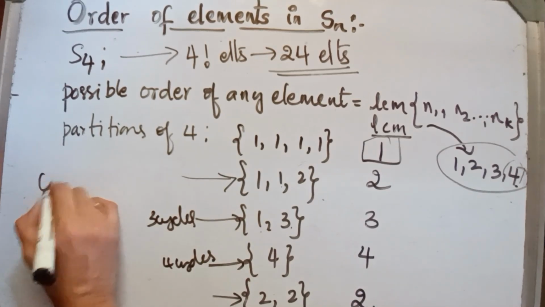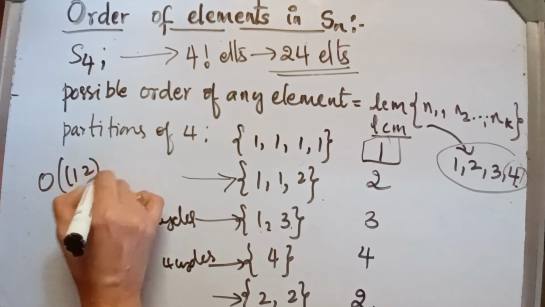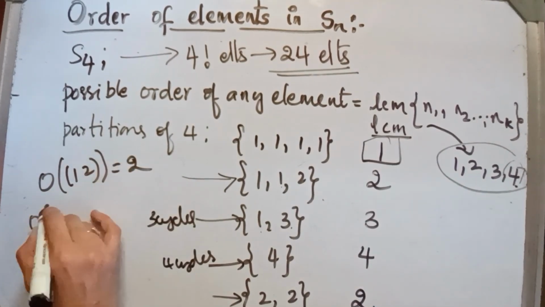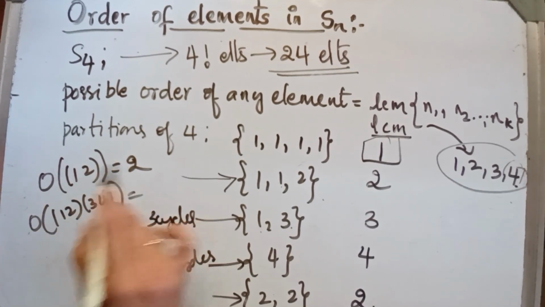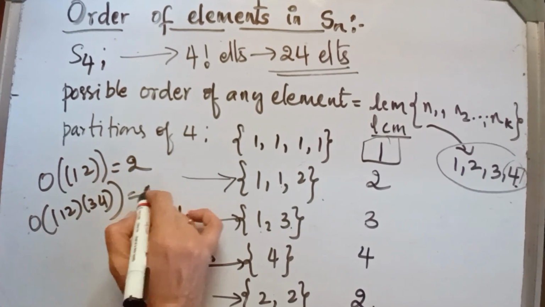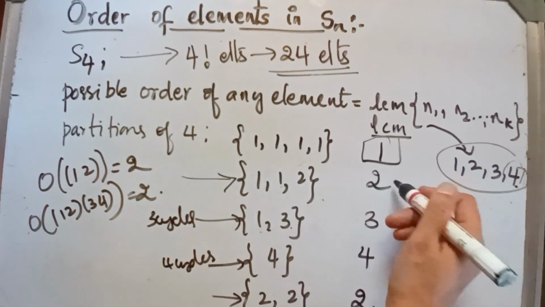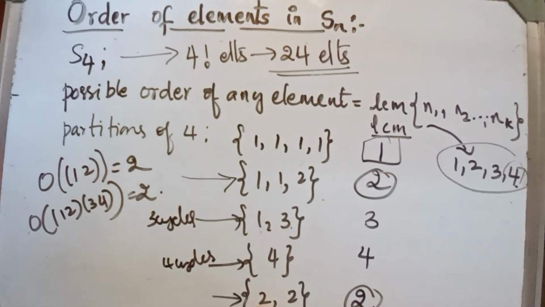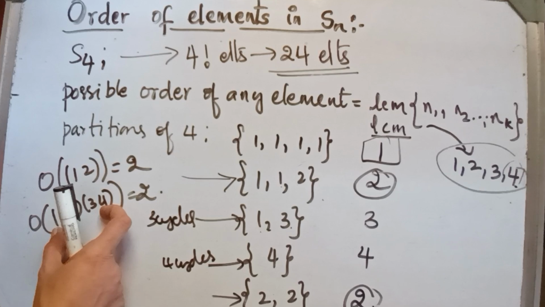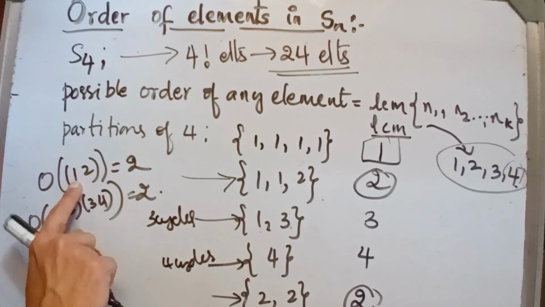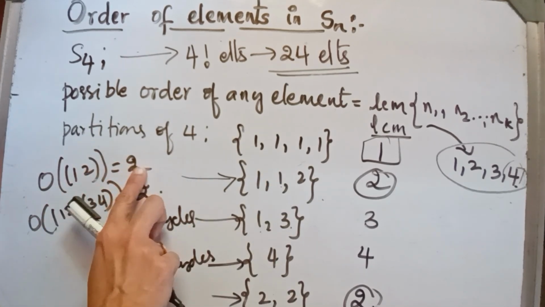So, for example, the order of (1 2) is equal to 2, and the order of (1 2)(3 4), an element of S4, is also equal to 2, because these two cycle decompositions have the same LCM. So order is nothing but the LCM. Therefore, a product of transpositions will have order 2, and a single transposition will have order 2.